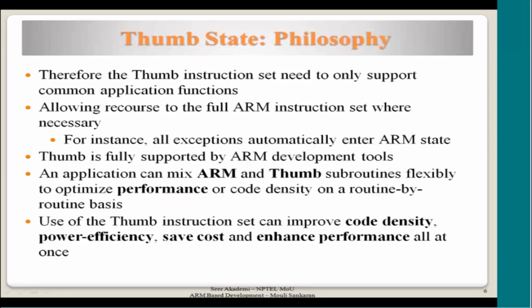So use of the thumb instruction set can improve code density. Okay, you can relate how code density improves based on the thumb mode, because thumb mode has 16-bit wide instructions. I told you that you are trying to compress the ARM instruction into a 16-bit instruction.